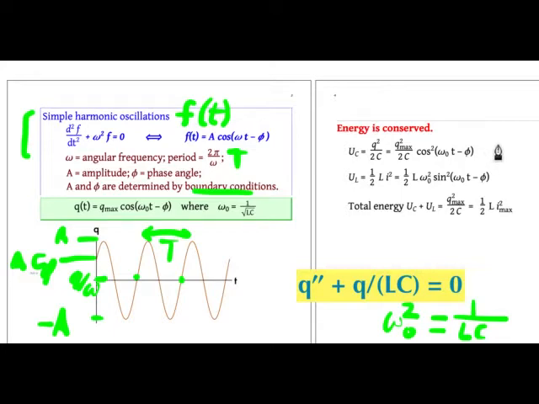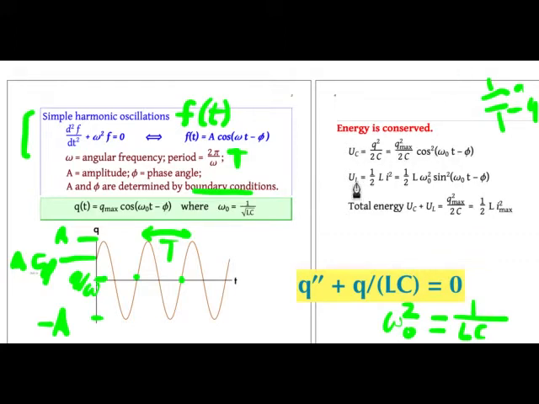It's electric field energy. Remember, the energy in a capacitor, so here's the capacitor. It has charge Q and minus Q, where there's an electric field between the plates. This is the energy of the electric field. And we had that in a previous chapter.